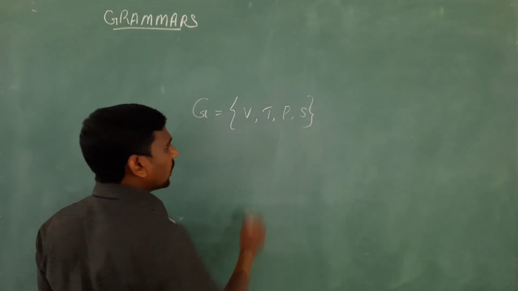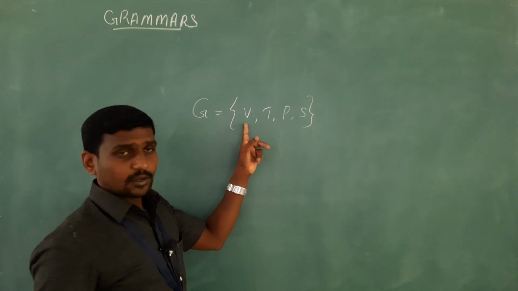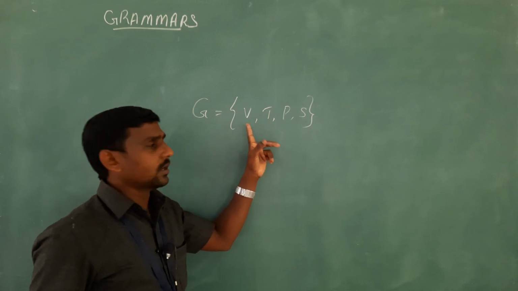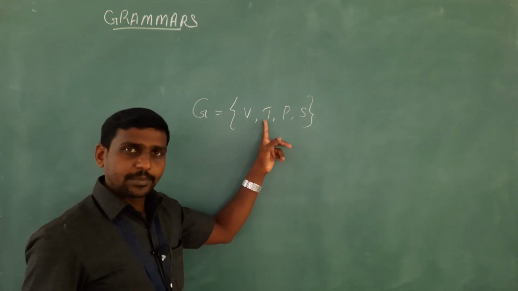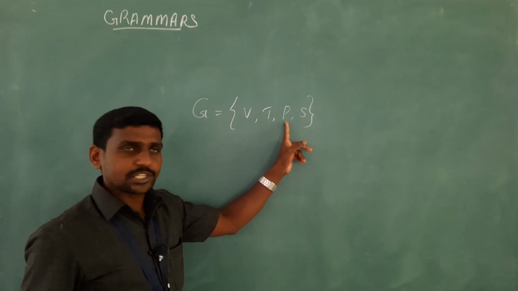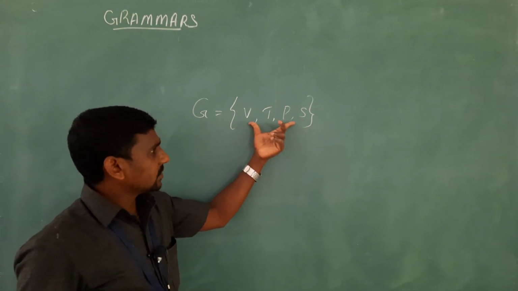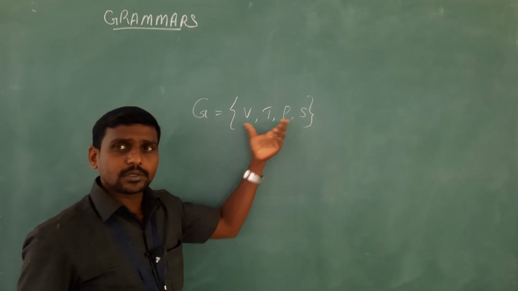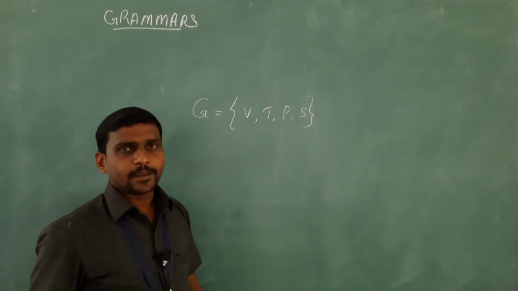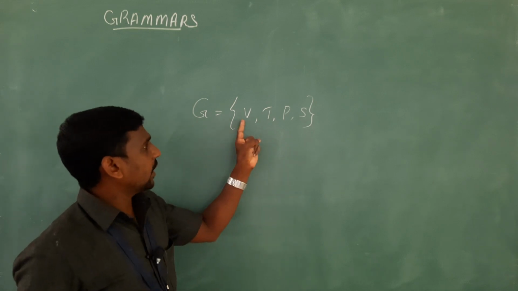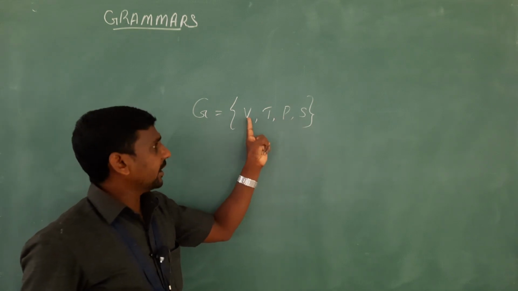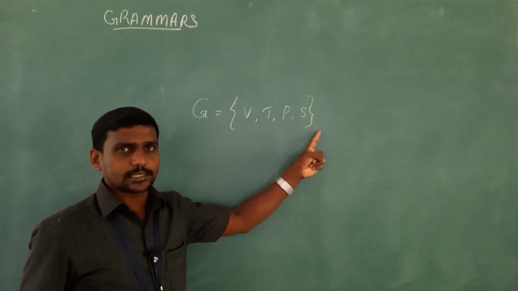V stands for variable, T stands for terminal, P stands for production, S stands for start symbol. So these 5 tuples are needed to construct a grammar: variable, terminal, production, start symbol.